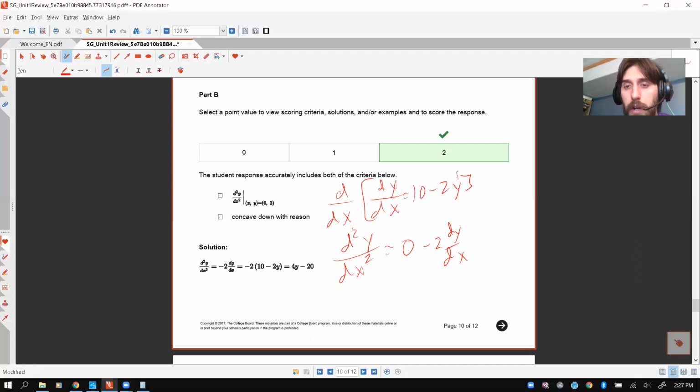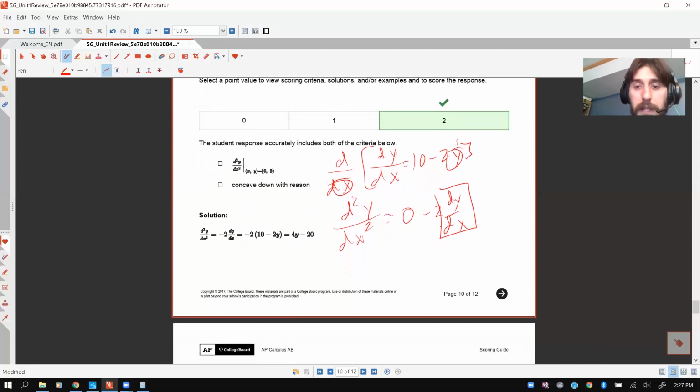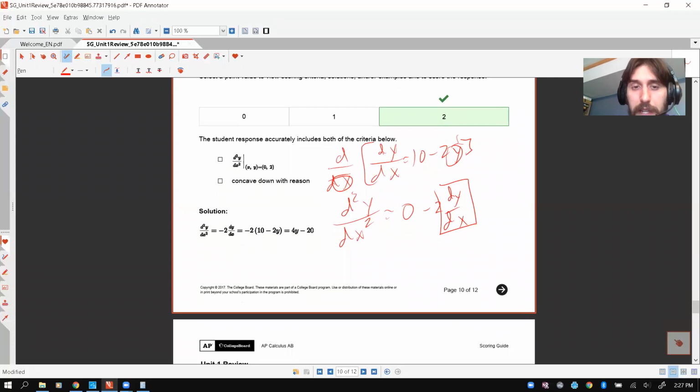You take the power of 1, multiply it down, negative 2 times 1 is negative 2, and then you subtract 1, you get y to 0. And then the derivative of y with respect to x is dy dx. But you're not done, because what is dy dx? Well, dy dx is just 10 minus 2y. So the second derivative of this function is negative 2 times 10 minus 2y, or 4y minus 20.